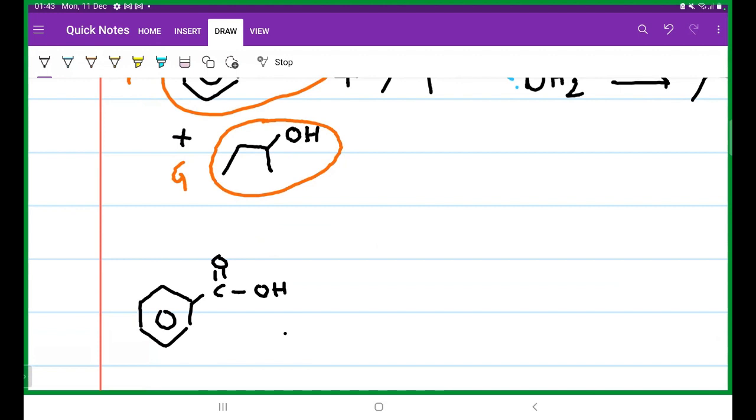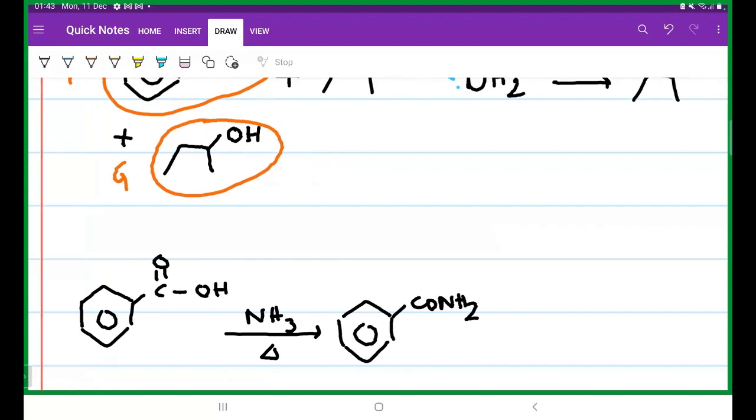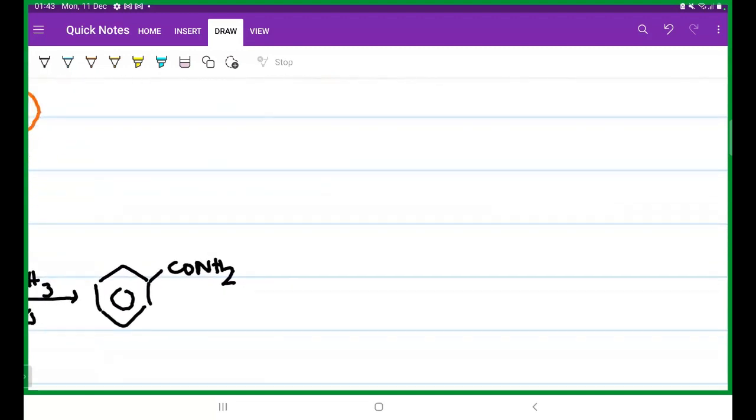So we are adding ammonia in the presence of heat. It will form CONH2. When a carboxylic acid reacts with ammonia, it forms CONH2.